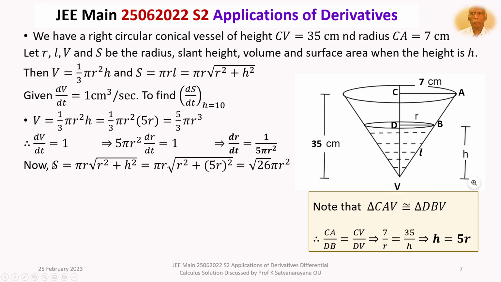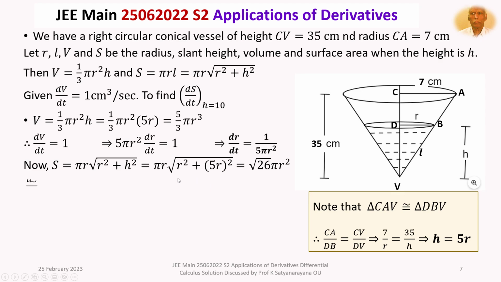Now the surface area S is pi r under the square root of r square plus h square, but we have h is equal to 5r, so we will get pi r under the square root of r square plus 5r whole square, that is 26r square under the square root, that is pi r square multiplied by root of 26.